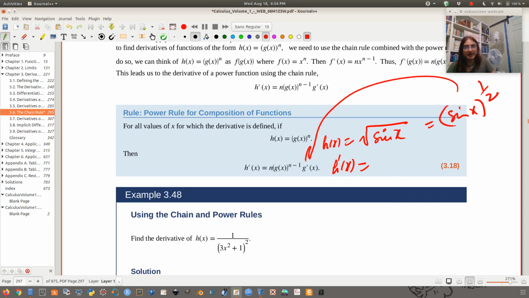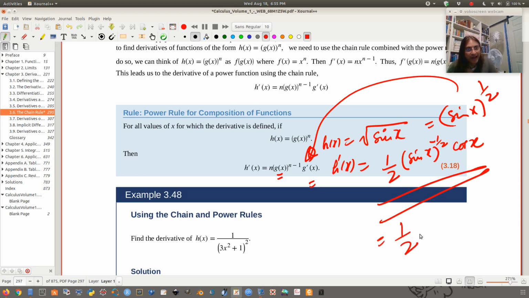So once again, our g(x) is sine x, n is half, so the result is half, sine x to the power half minus 1, so negative half, times the derivative of g, which is cosine x. That's the derivative. So the function is square root of sine x. The derivative of that becomes half cos x over square root of sine x.